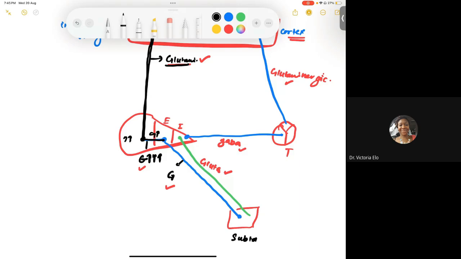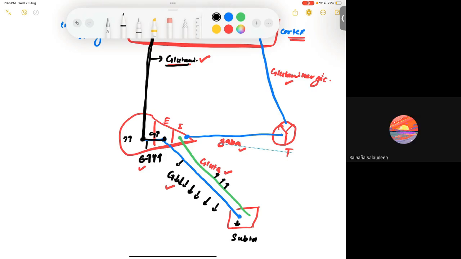So GABA is going to be really less here. More inhibition means that this nerve is going to be making less GABA, right? Less GABA here means less inhibition, so glutamate is going to increase.